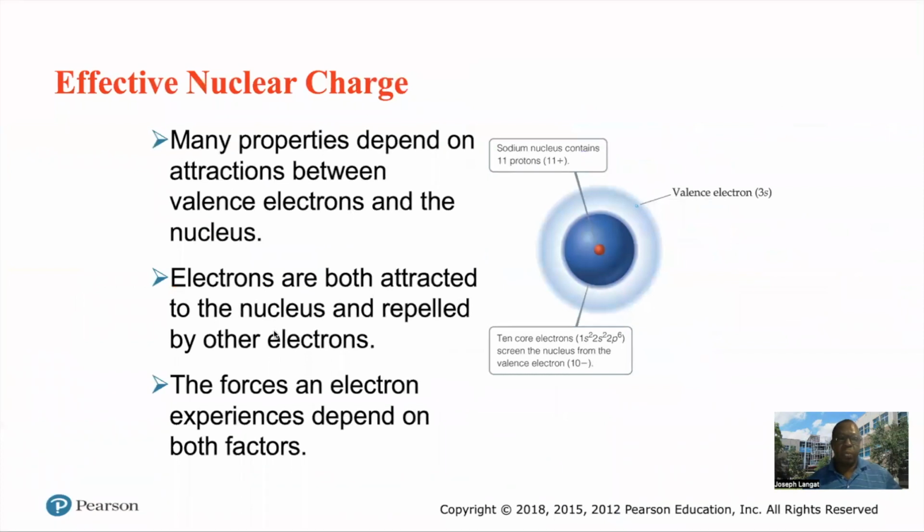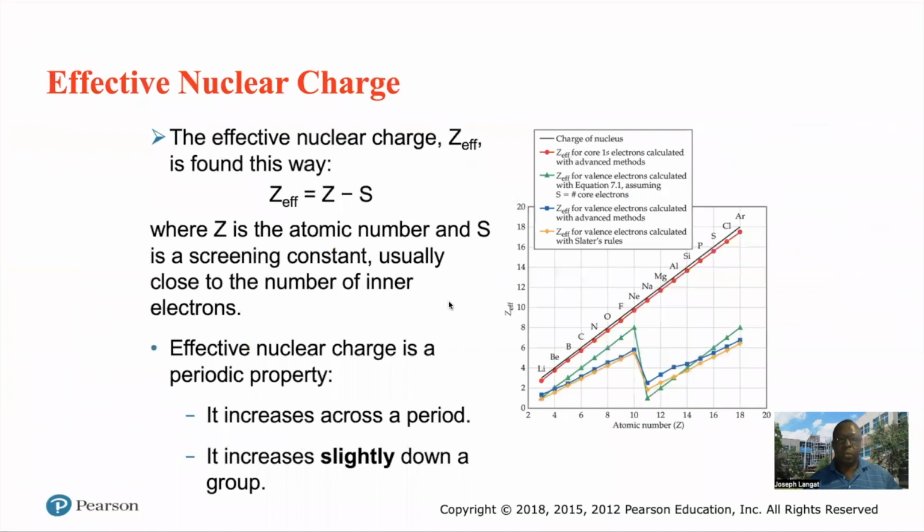Electrons are both attracted to the nucleus and they repel one another. The forces on an electron depend on many factors. So this is Z effective, and the trend on the periodic table is that it increases from left to right, from lithium all the way to argon.